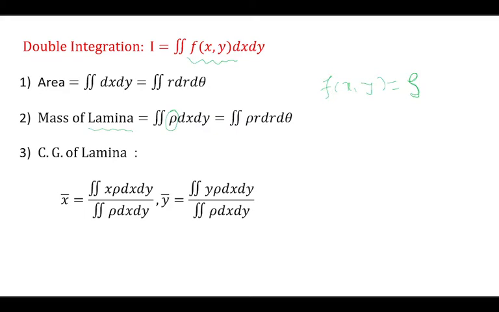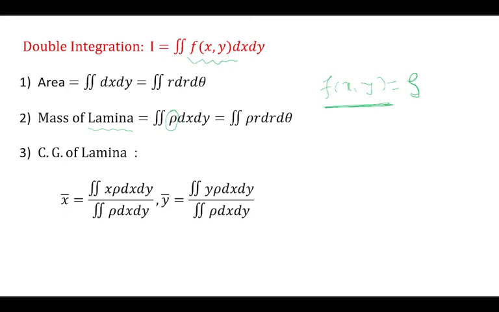If we have to find the mass of a lamina or plate, a plate has a very negligible thickness. That mass of a lamina we can calculate with a double integration of f of x y dx dy, provided that function of x y represents the density of that lamina.